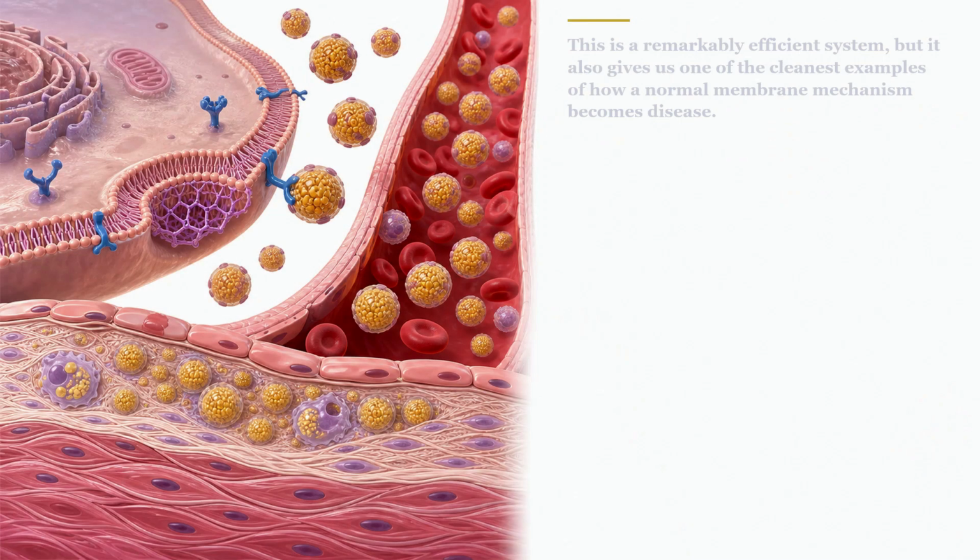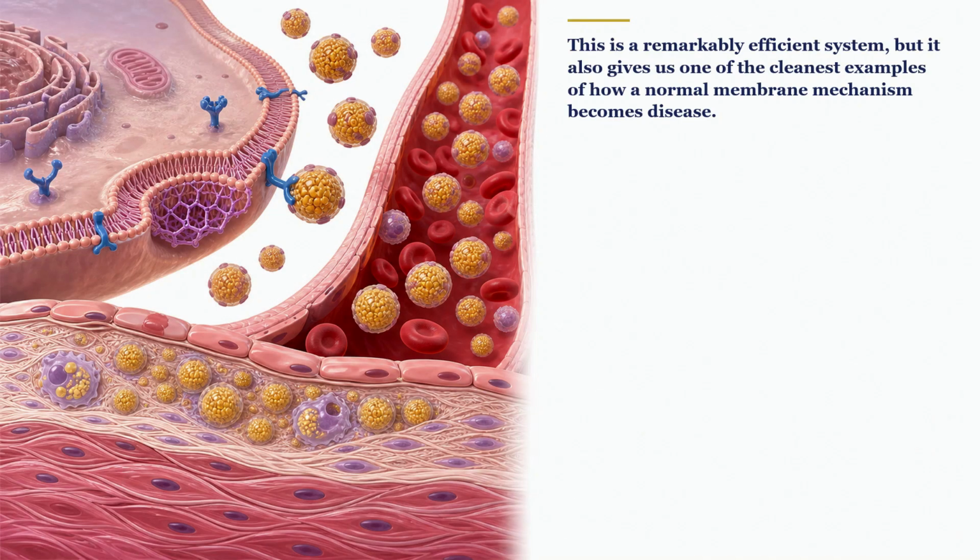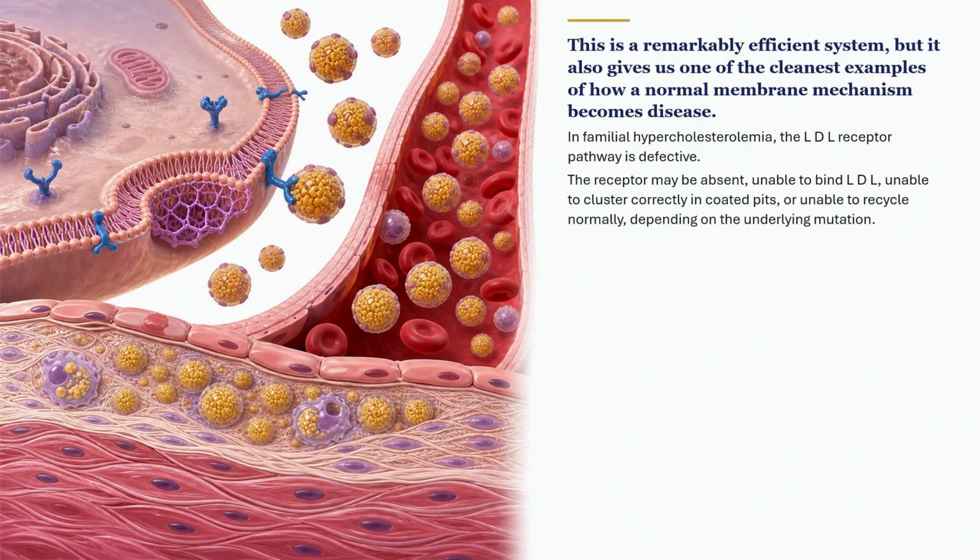This is a remarkably efficient system, but it also gives us one of the cleanest examples of how a normal membrane mechanism becomes disease. In familial hypercholesterolemia, the LDL receptor pathway is defective. The receptor may be absent, unable to bind LDL, unable to cluster correctly in coated pits, or unable to recycle normally, depending on the underlying mutation.